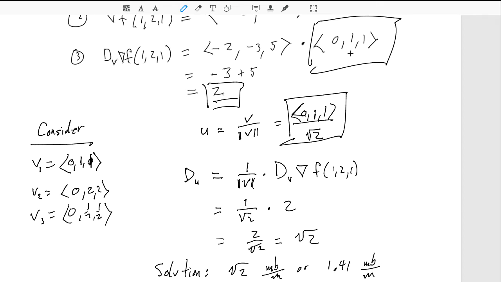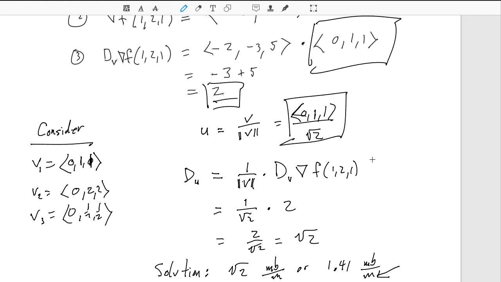Or you can just leave it as that vector, but then just remember you have to divide away the length of that vector v, you have to make sure it's per unit. You want it per 1 meter. You don't want it per root 2 meters or per 5 meters or something like that. Okay, just a simple example on that.